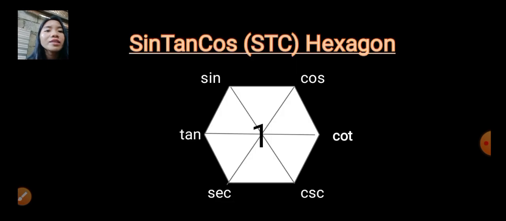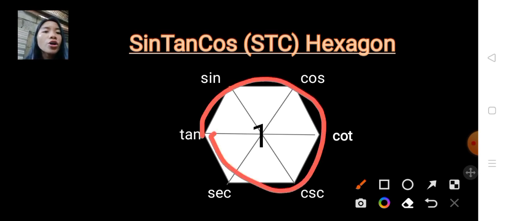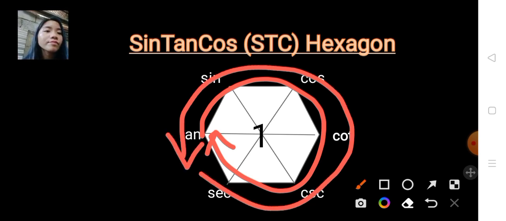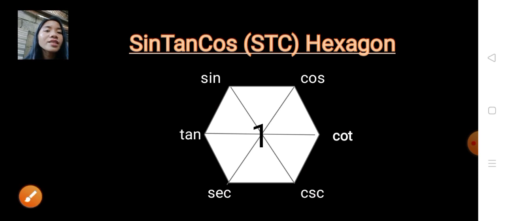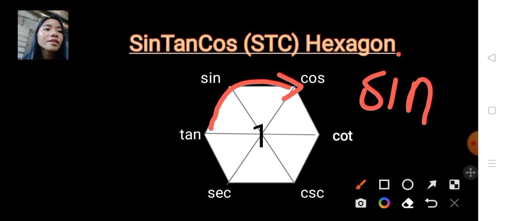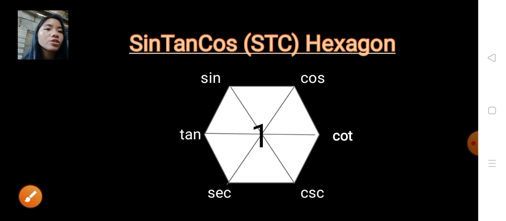So, for example, for tangent, we have sine over cos.